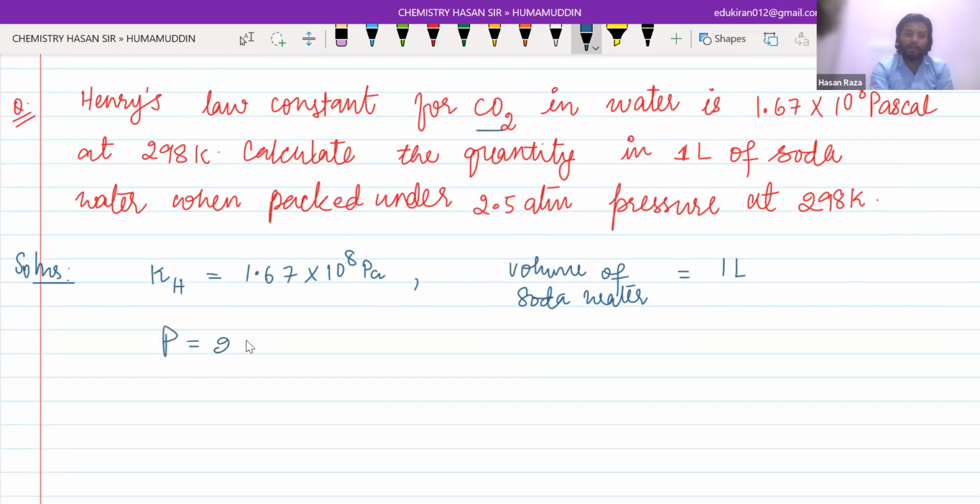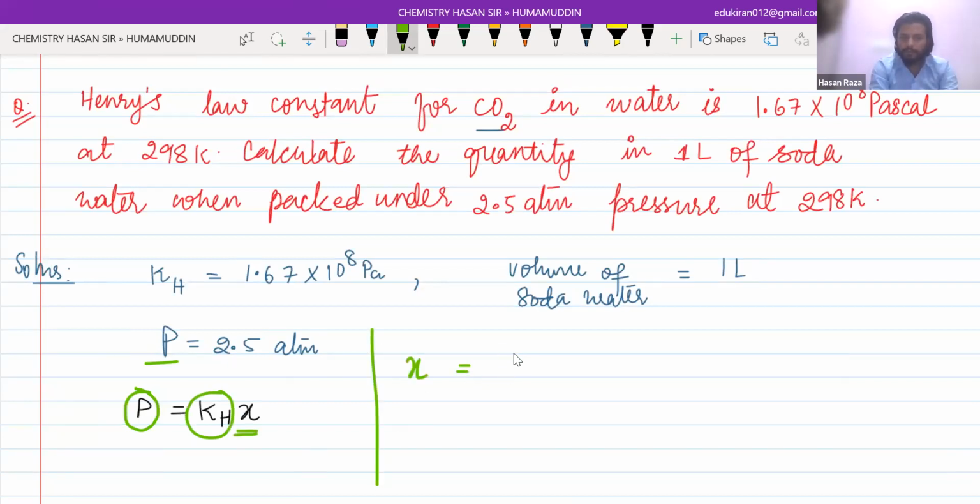That means pressure is 2.5 atm at this temperature. Now you know that Henry's law says P is equal to KH into mole fraction. The partial pressure is given, this Henry's constant is also given, so we can easily calculate the mole fraction from here. Mole fraction will be equal to P upon KH.